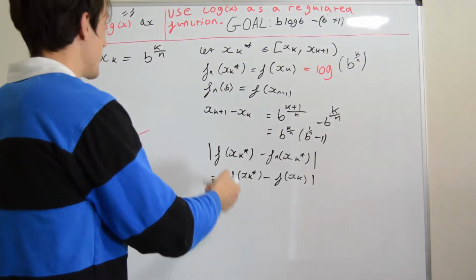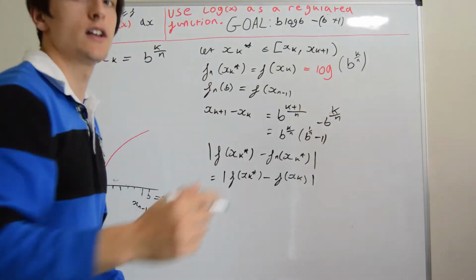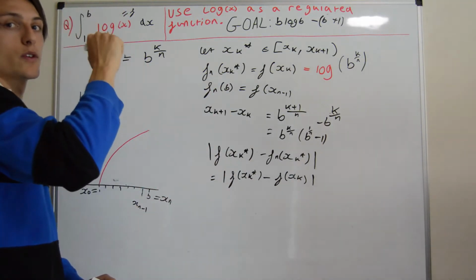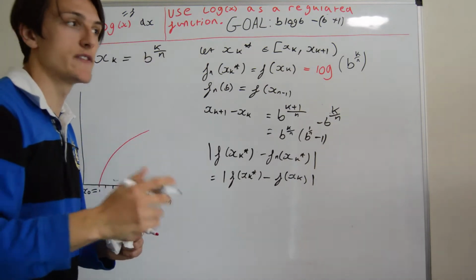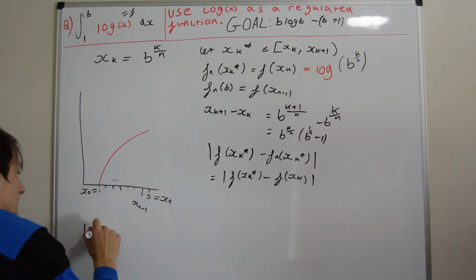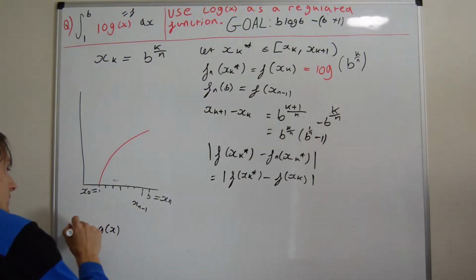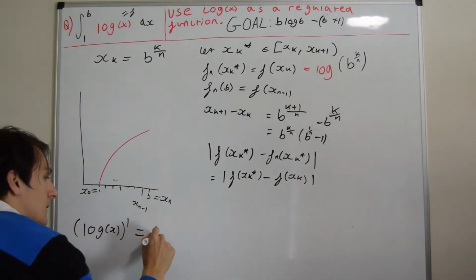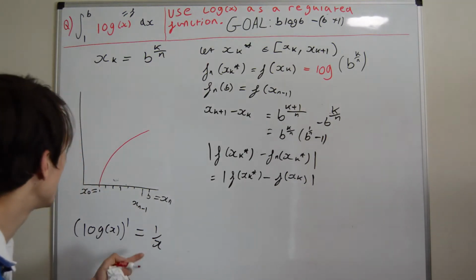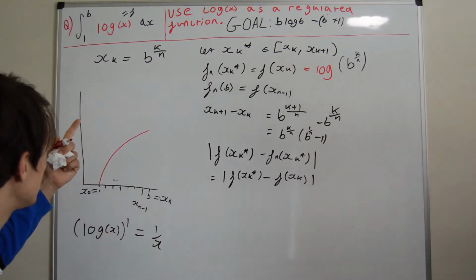So we want to show that this is Lipschitz. Well, it's log x defined on a closed interval from 1 to b, so its derivative takes a maximum point. Log x, well, its derivative is 1 over x, and that takes a maximum on this interval.